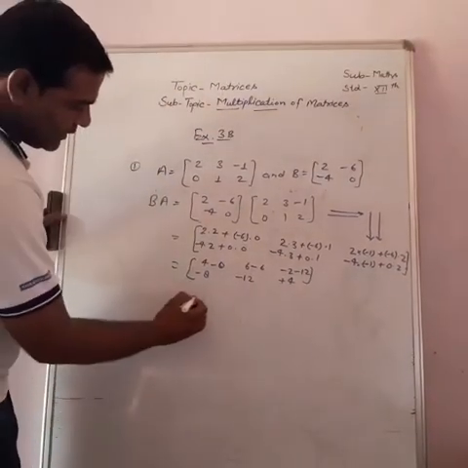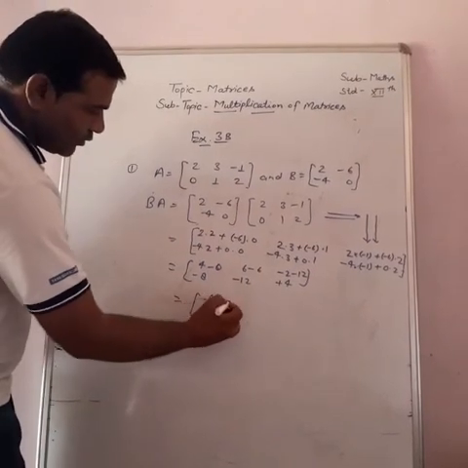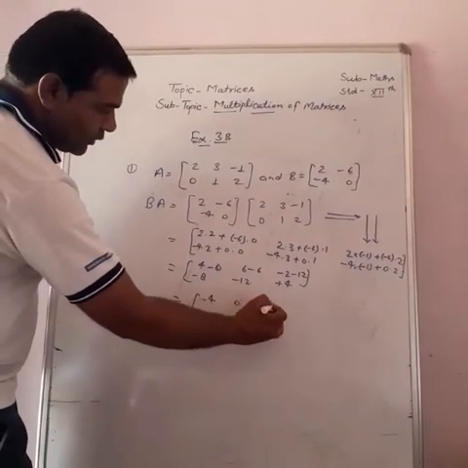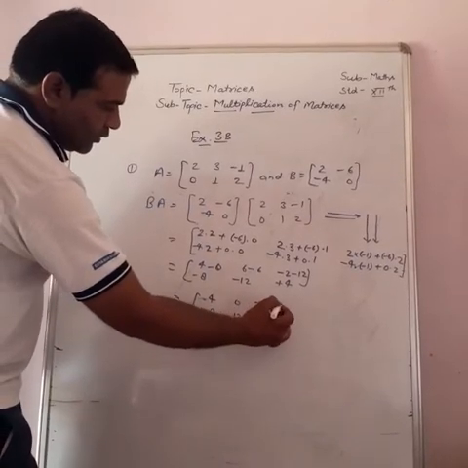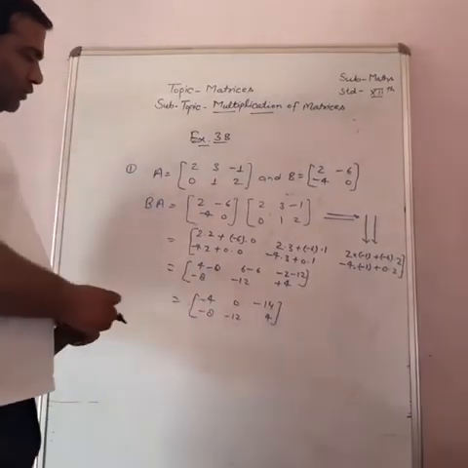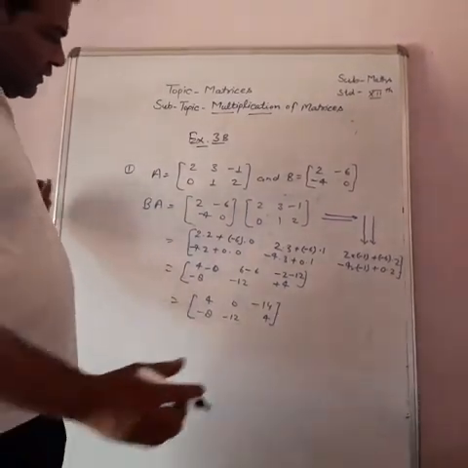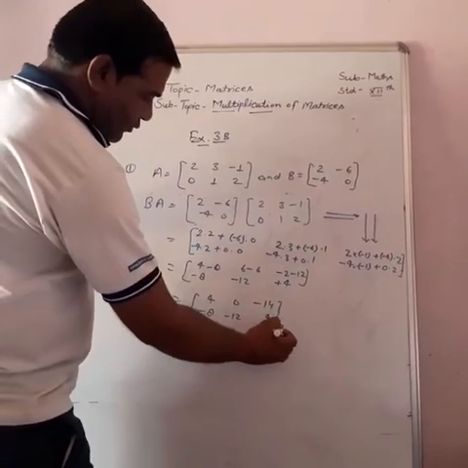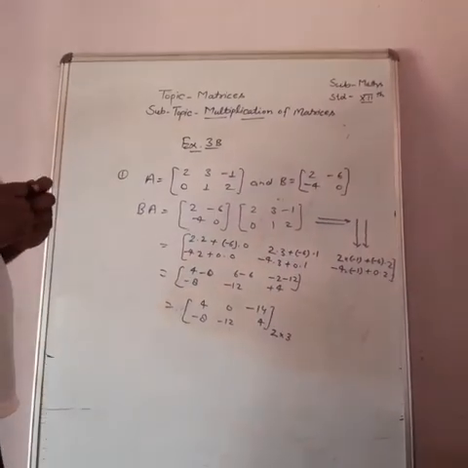At last this becomes [4 0 -14; -8 -12 4]. So BA is a matrix of order 2 cross 3. Okay.